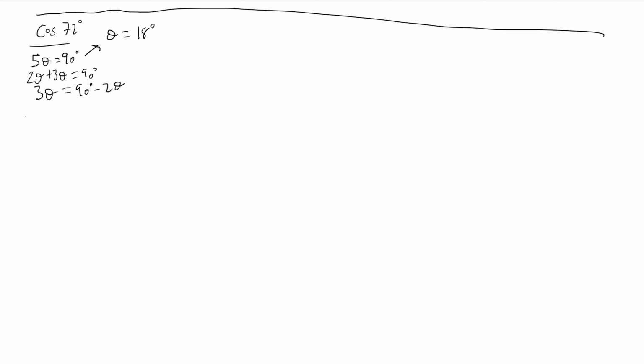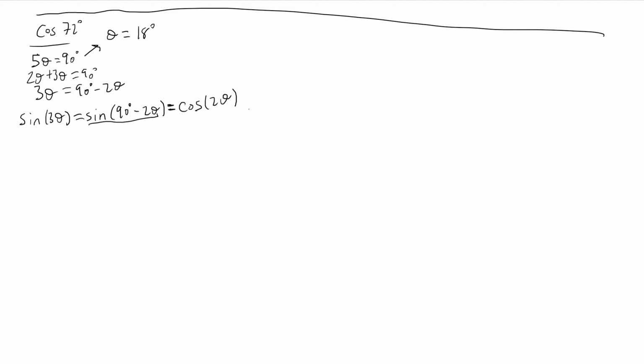So now let's take the sine of both sides. Sine of 3 theta is sine of 90 degrees minus 2 theta. I didn't prove this identity in my trig video, but if you use the difference of arguments of a sine, then you get that the sine of 90 degrees minus 2 theta is cosine of 2 theta.